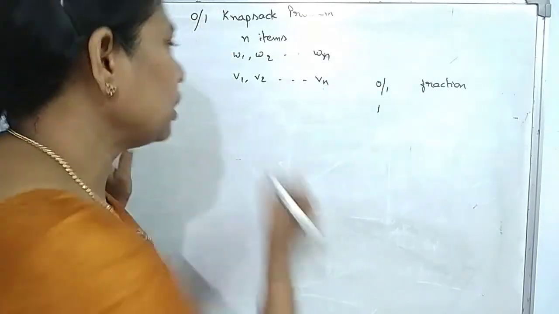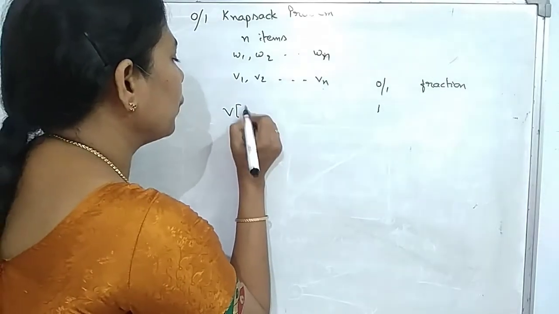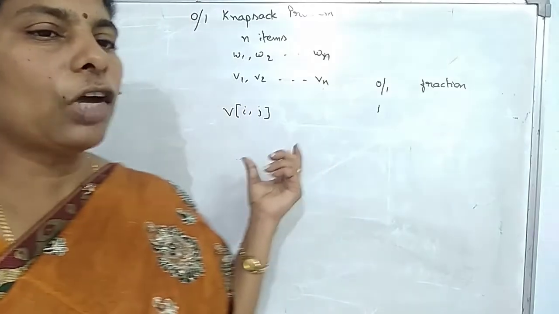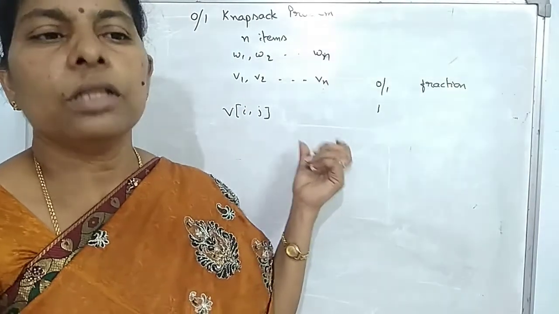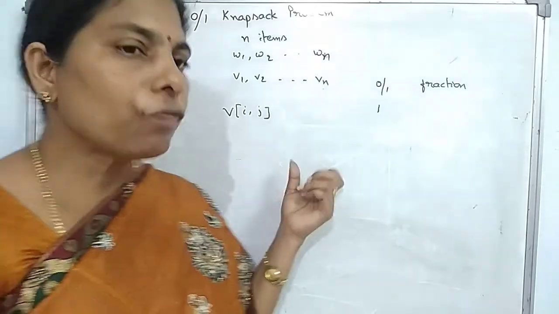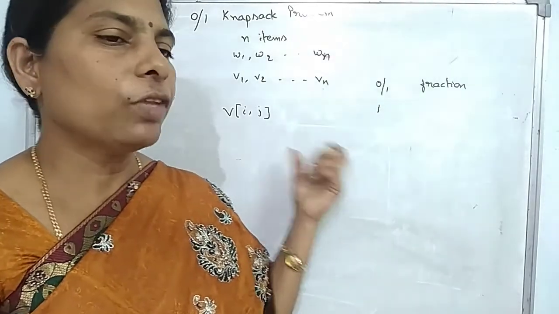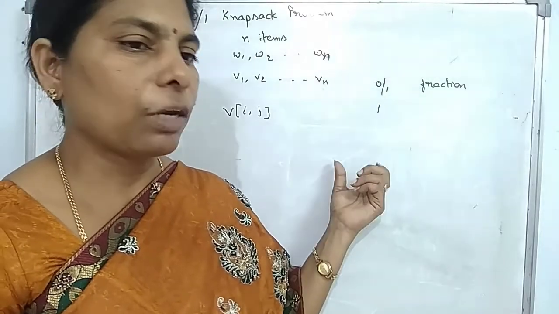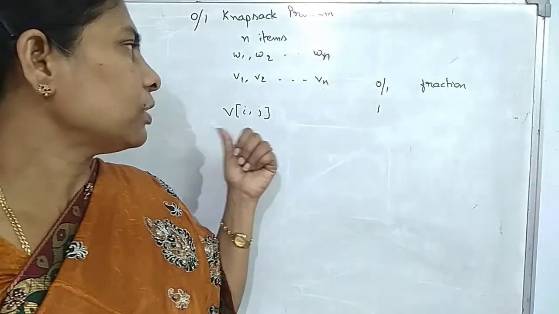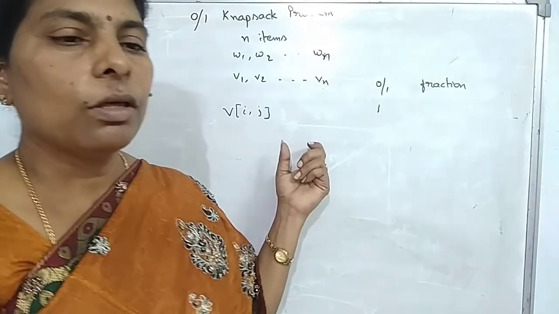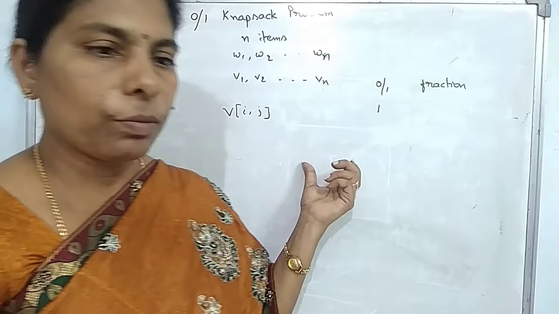So you can take the value V of i comma j. V of i is the value of the optimal solution to the given instance. What does this mean? It is the value of the most valuable subset of the first i items that fit into the knapsack capacity j. So how can you solve this problem?